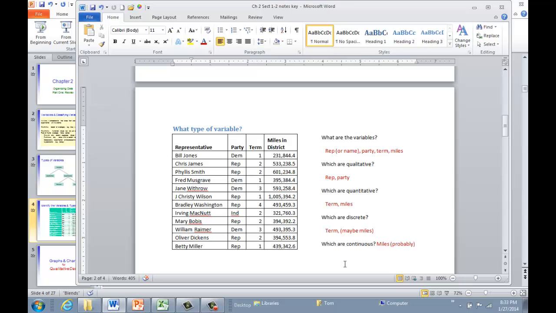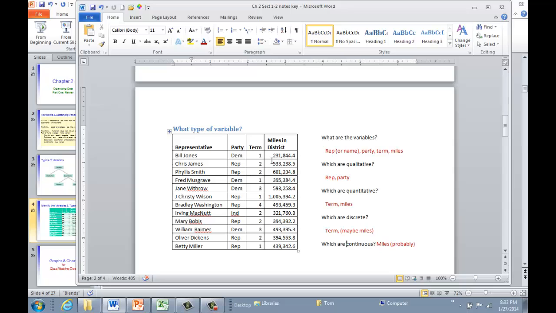Well, probably most people would consider the miles variable to be continuous. The reason is that we are measuring values that are on the order of 250,000 to 1,000,000 miles, and those are measured down to the nearest 10th mile. Such fine distinctions are essentially continuous to most people's way of thinking.